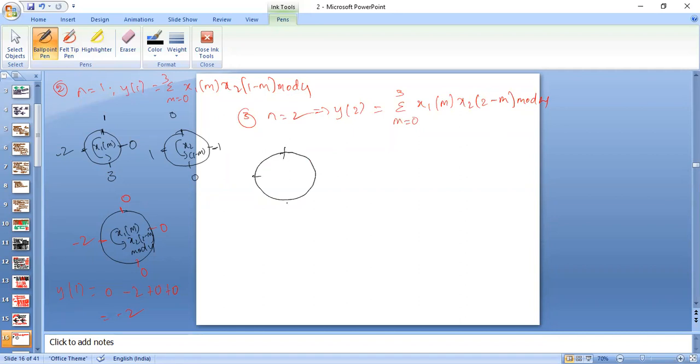So this is x1 of m: 1 minus 2, 3, 0, and this is x2 of 2 minus m mod 4. So let us shift this sequence by 1. It is already 1 minus m, so to get 2 minus m, it is enough to shift this sequence further by 1 unit of time. So minus 1, 0, 1, 0.